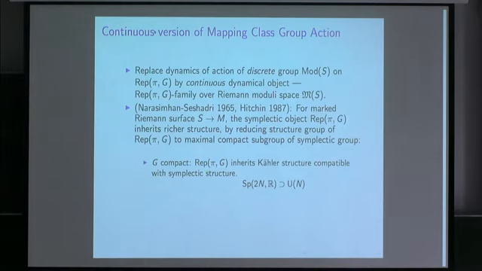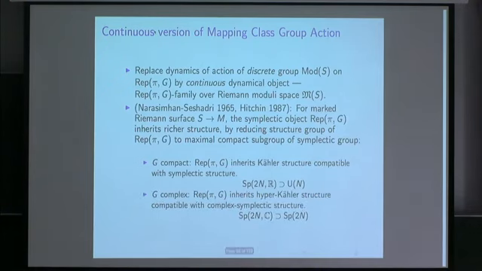In fact, the representation variety when G is compact gets a Kähler structure for the fixed symplectic structure. When G is complex, you get a stronger hyper-Kähler structure, which is an integrable quaternionic structure over the space. So when we take the product of this with the Teichmuller space, the fibers have a varying geometry, which is quite interesting, but I won't say much about it.